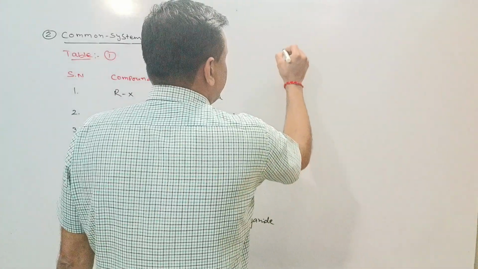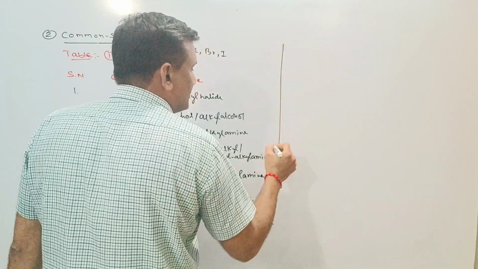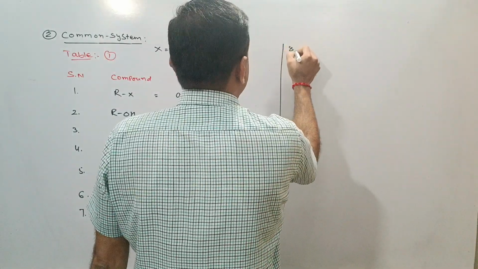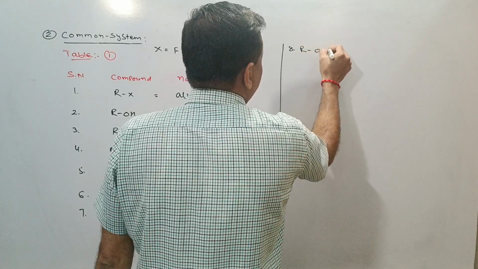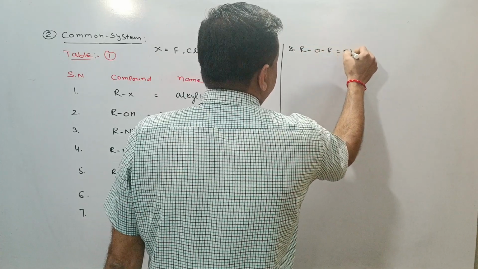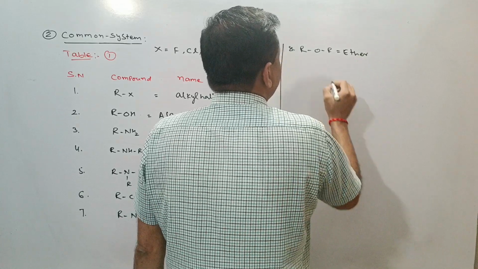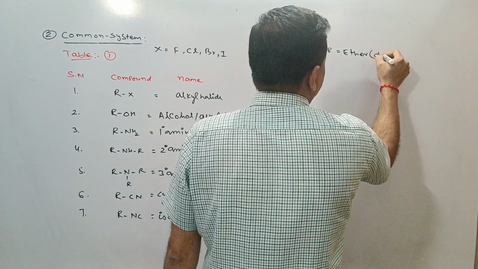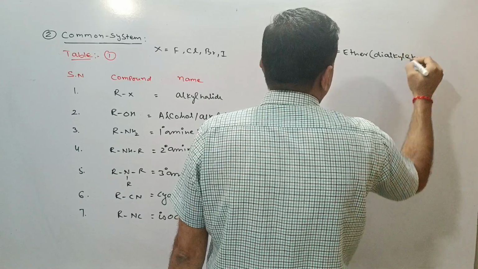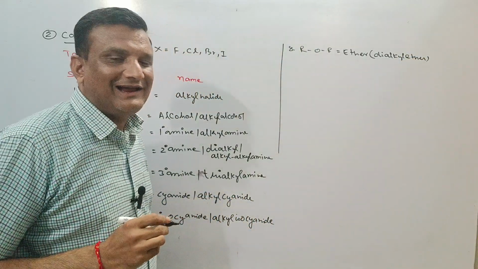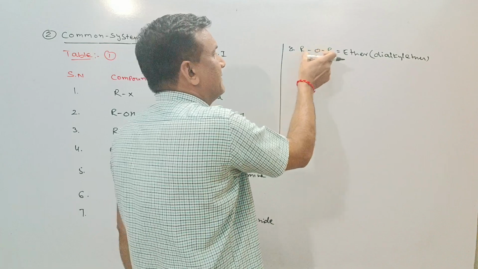Now I would like to go with the 8th function group, and 8 is ROR. This is called ether. It is also called dialkyl ether, and it is also called alkyl ether if both alkyl groups are different.